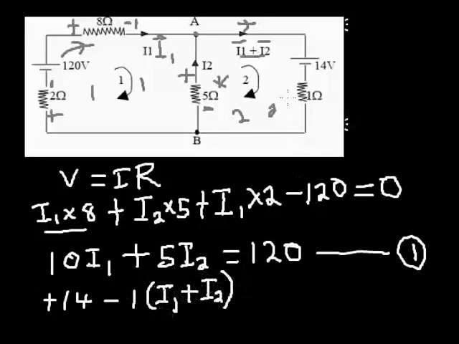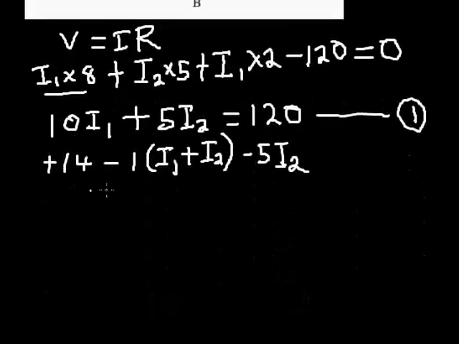Close the bracket. So remember this negative, if I still trace it, this 5 on here, I'm encountering negative, so that's still going to be minus 5I2. Alright, so let's rearrange this equation.